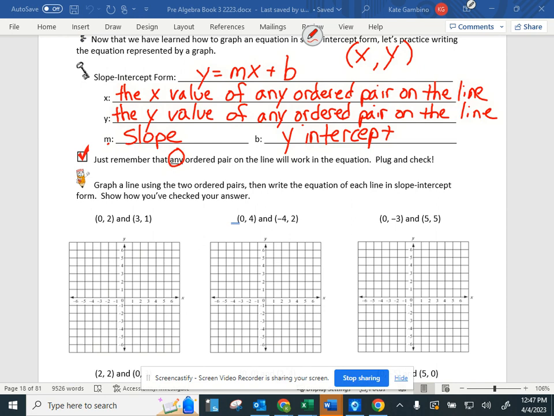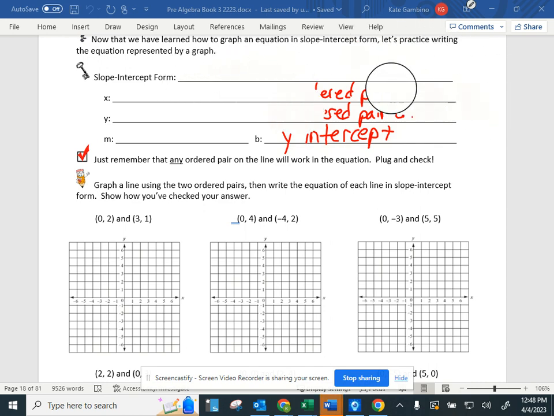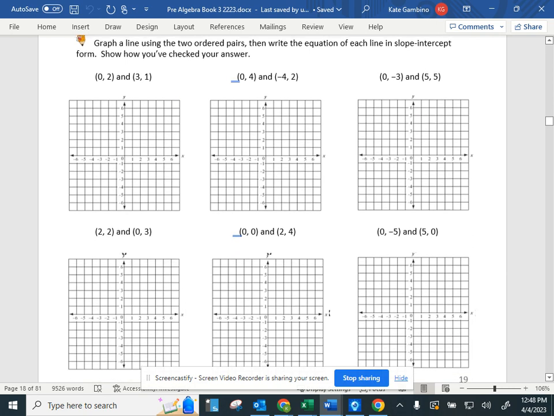So we're going to look at how we graph a line using 2 ordered pairs. We know how to do that with our x and y. Then we're going to write the equation of each line in slope-intercept form and show how you've checked your answer. Let me scroll up so we can see what that means.